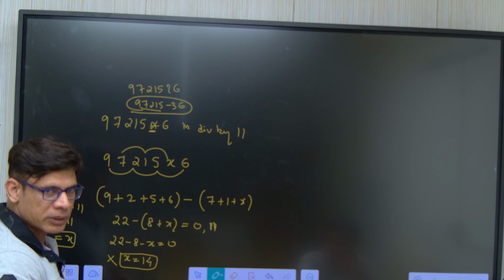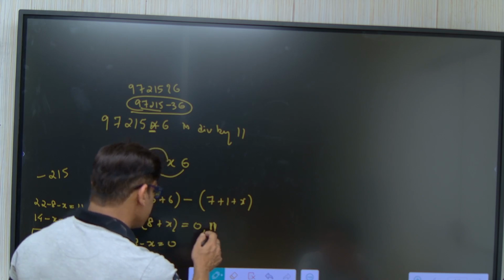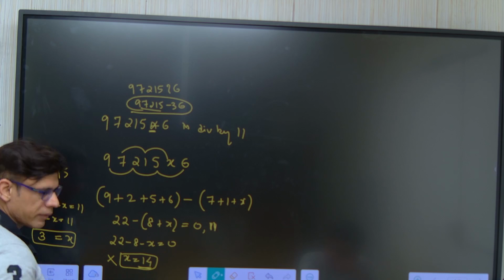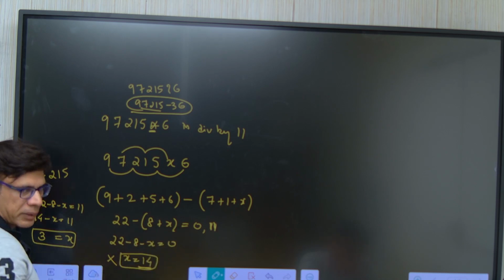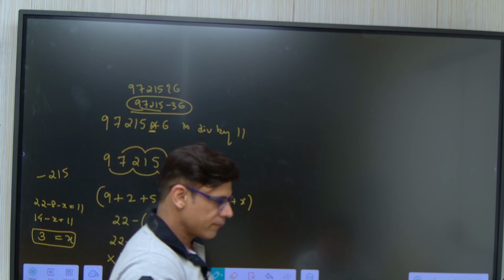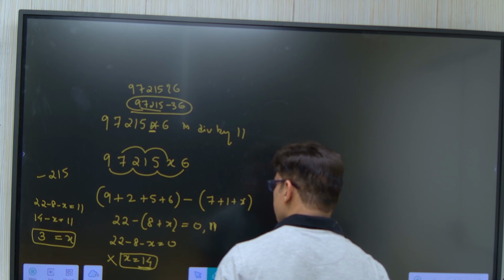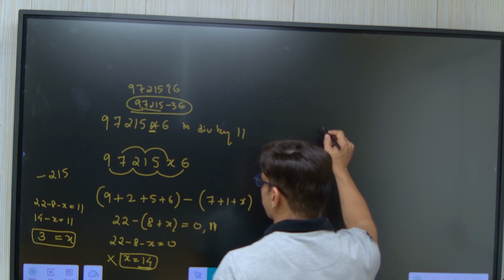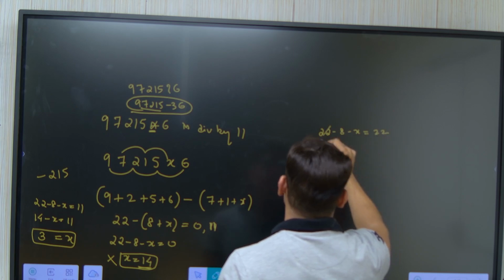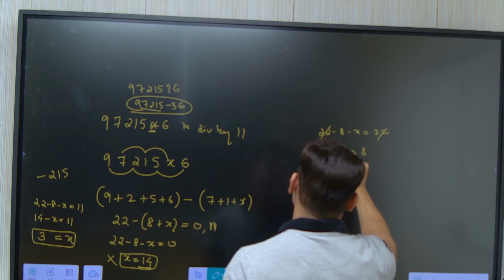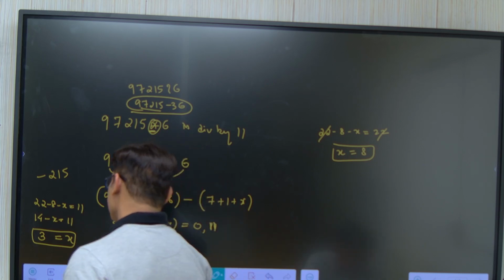x 3 पे हो जाएगा ना डिविजिबल. हाँ, जीरो पहले लिया, फिर 11 चेक करूंगा ना. पहले जीरो लिया तो जीरो पे x कितना आ रहा है? 14 नहीं हो सकता ना, सिंगल डिजिट नंबर है. तो x को फिर 11 लेके करना पड़ेगा. बेटा देख, 22 minus 8 minus x is equal to 22, right? x is equal to 8. अब क्वेश्चन है कि which is the smallest number which can come in this place?